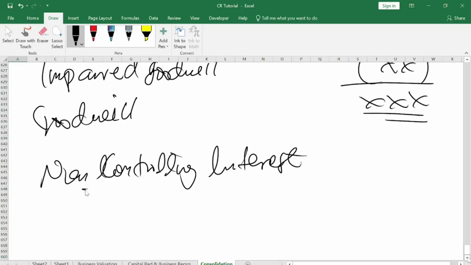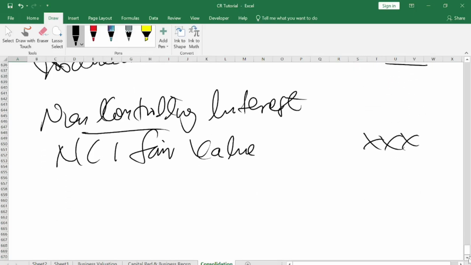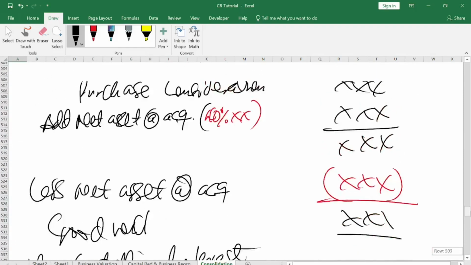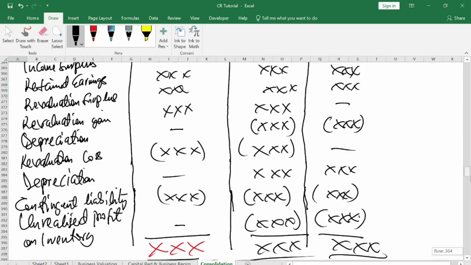So how do we determine the non-controlling interest? Here you will pick the NCI fair value. How much is the fair value of the subsidiary? You know it. We already know the fair value of the company. You bring it here. After acquisition, in the net asset there's a surplus, which we call the post-acquisition profit.